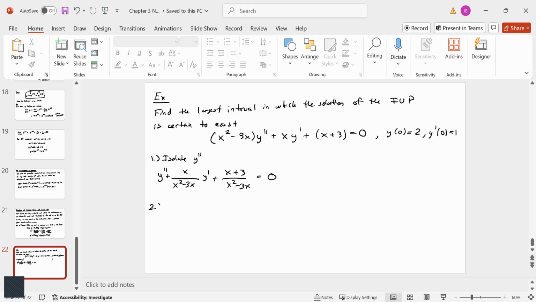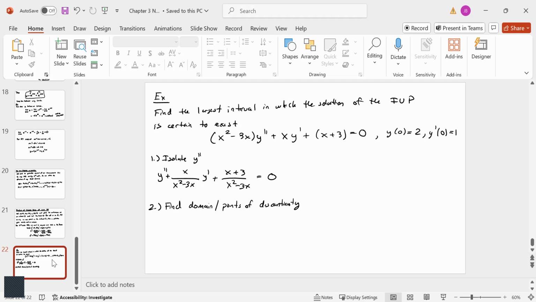And then step 2 is to find the domain, the points of discontinuity.